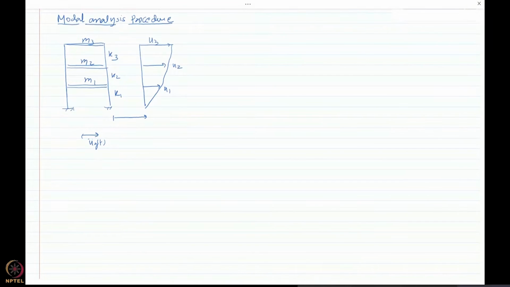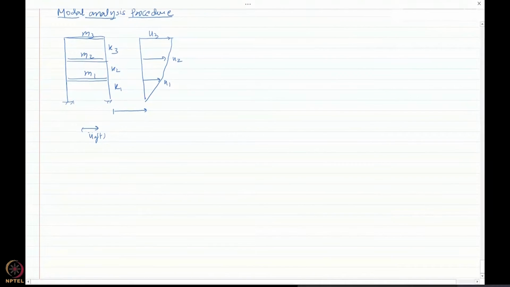Okay, so we can consider basically equilibrium at each floor. I'm not going to repeat that, but if you like, you can just draw the free body diagram of each floor, or let me just do that anyway. So I have here M3 times (u3 plus u_g) acceleration, the total acceleration of the mass. And then because of the floor below, I have K3 (u3 minus u2).